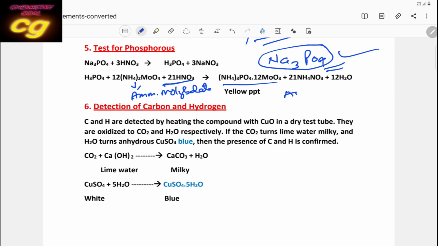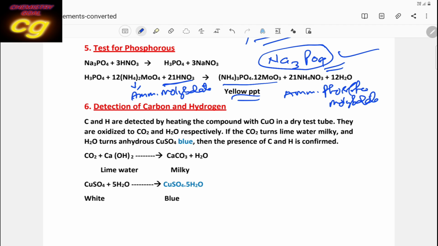ammonium phosphomolybdate is formed. That is, the formula is (NH4)3PO4.12MoO3. That means it is a complex compound, ammonium phosphomolybdate, whose color is yellow.